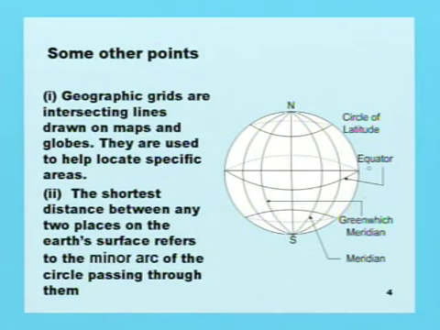The shortest distance between any two places on the Earth's surface refers to the minor arc of the circle passing through them. Again, if you look at the diagram on the right, the same diagram, just keeping you focused on where the equator is, what are lines of latitude, and the lines of meridian, including the meridian of Greenwich.